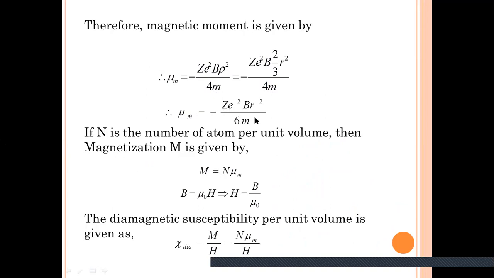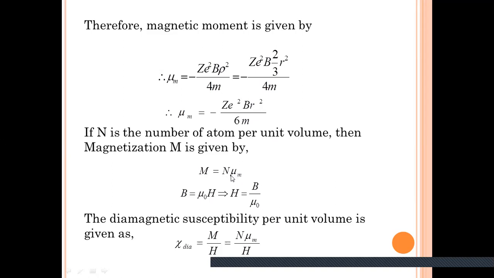Let us assume that N is the number of atoms per unit volume in the material. Then the magnetization is the product of the number of atoms into the magnetic moment. Here M equals N into mu m. This is a given formula, and we have already discussed it in our previous lectures.